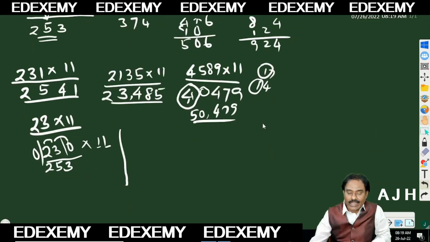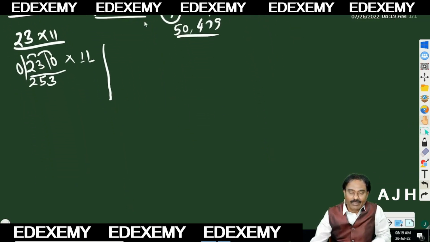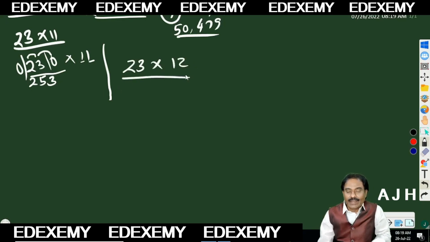Now what is the use of knowing this? It seems a little confusing, but it will work wonders for you. Now we will take 23 by 12. Instead of 11, we will take 12. We will take this pattern to the next level. Then only you can understand the value. Okay. Now, you imagine both sides are 0.